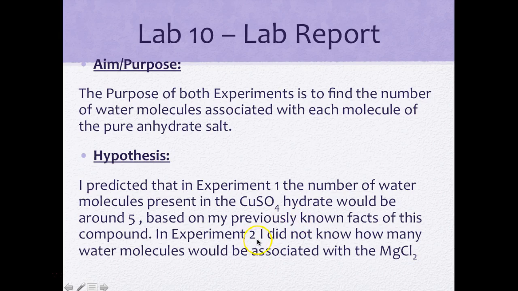In experiment 2, I didn't have as much experience with the magnesium chloride hydrate, and so I didn't know how many molecules of water would be associated with this compound.